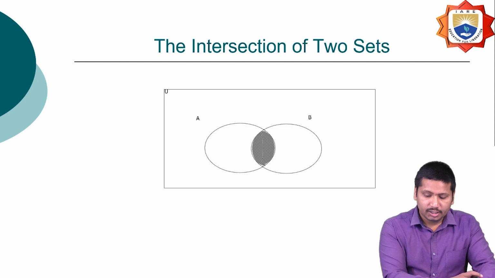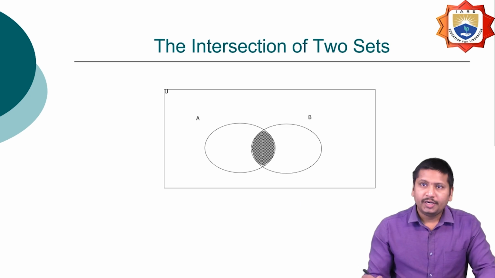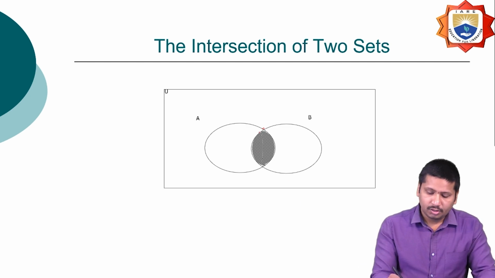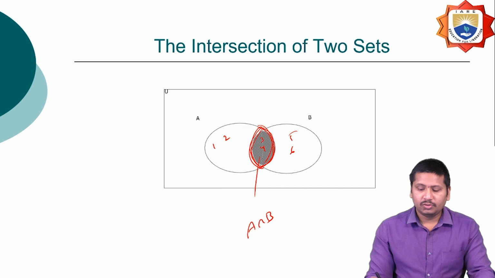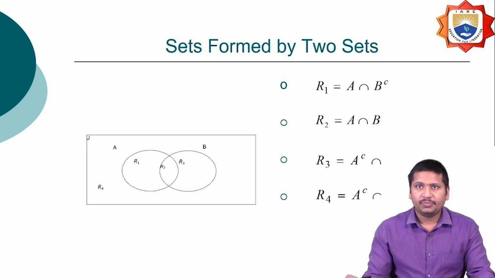And the next one is intersection. Intersection means the common part of the two sets. Just now I said, right? 1, 2, 3, 4, 5, 6, 7. The common elements between the two sets will be treated as the intersection of the two sets. So this should be the intersection of two sets.